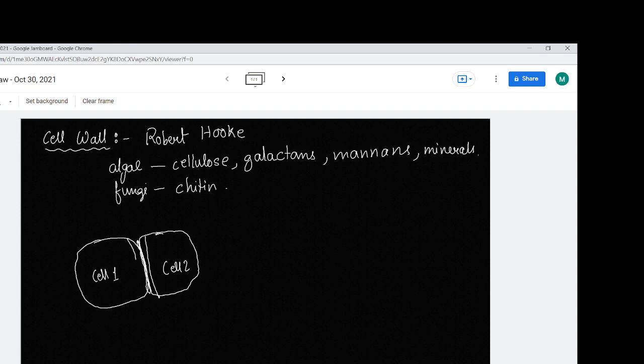These depositions will form the primary cell wall. The middle lamella will be formed by the deposition of calcium pectate from both sides of the cell, and then the primary cell wall will be deposited in the form of cellulose. So this cell wall will be formed around the plant cell.